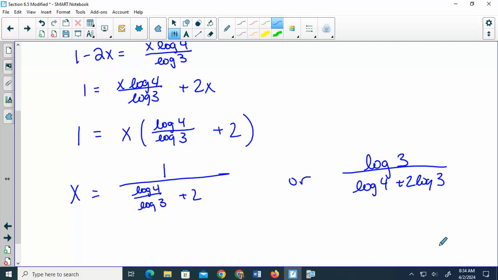But let's get our decimal. We should get 0.3066.